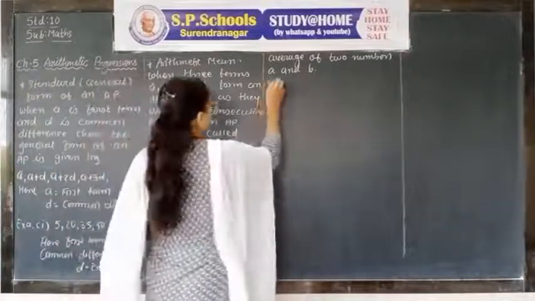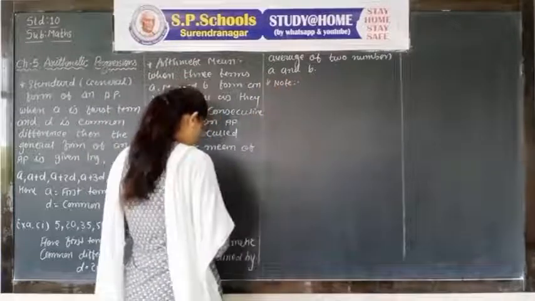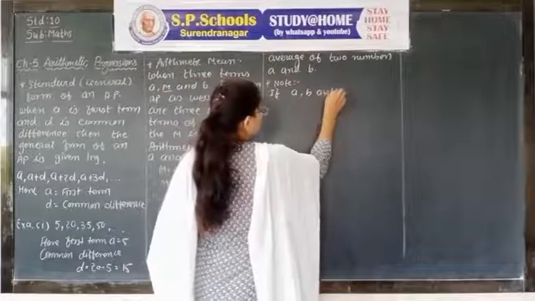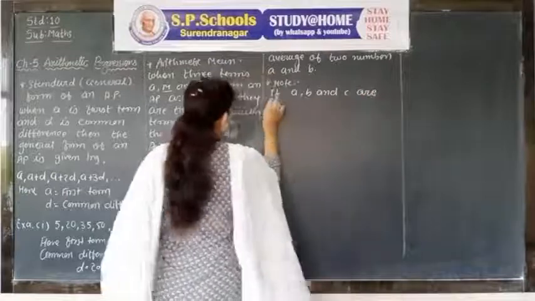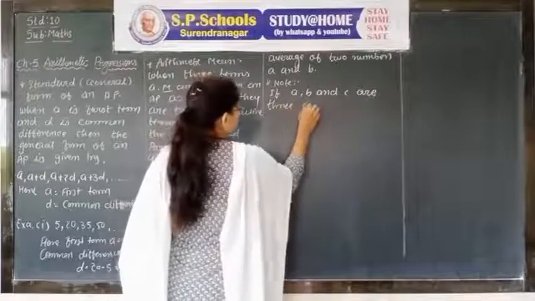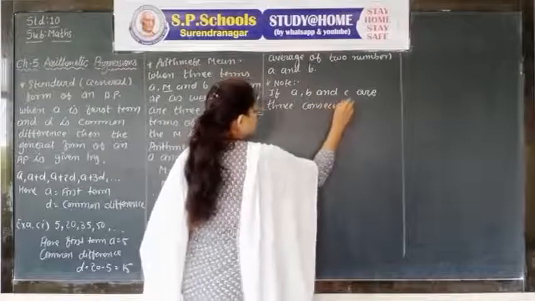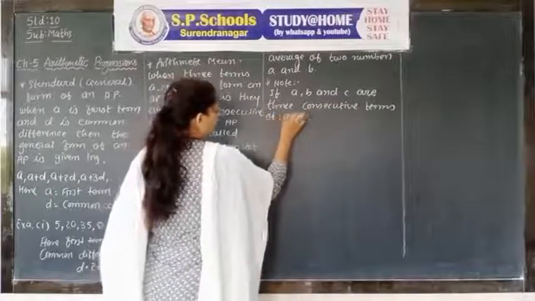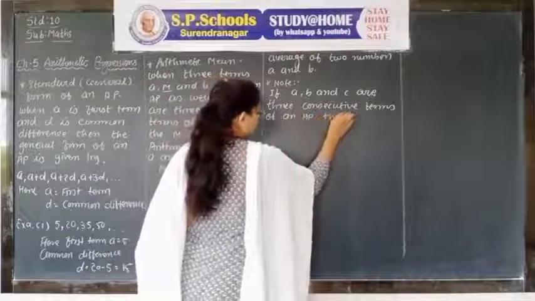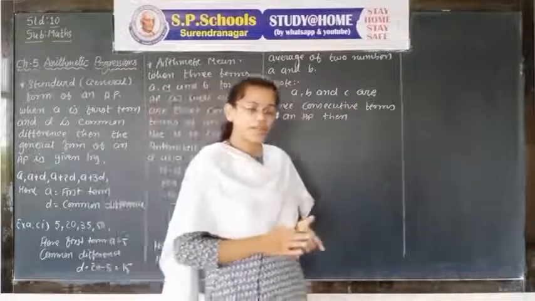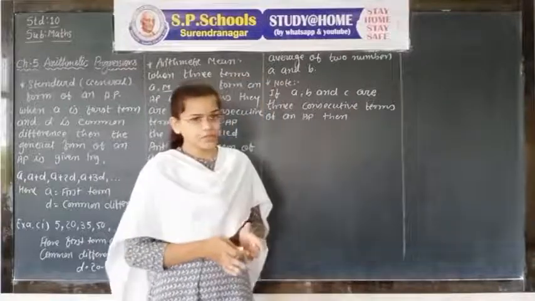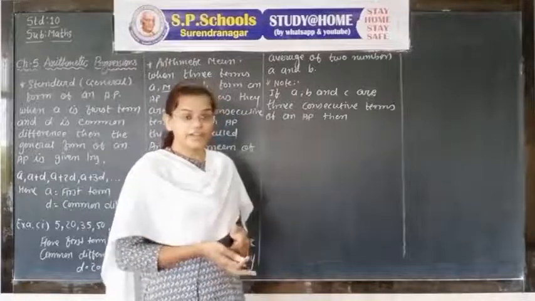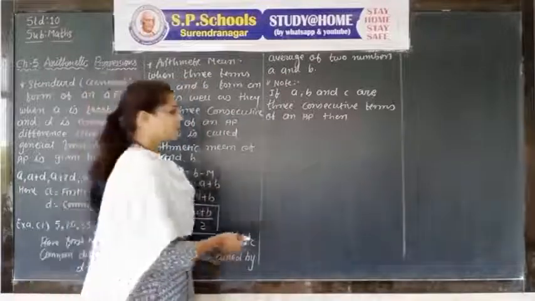Now keep in mind one note. If A, B and C are three consecutive terms of an AP, then whenever 3 consecutive terms of an AP are given, we can add one number to these 3 numbers, subtract one number, or multiply or divide, and they also form an arithmetic progression.